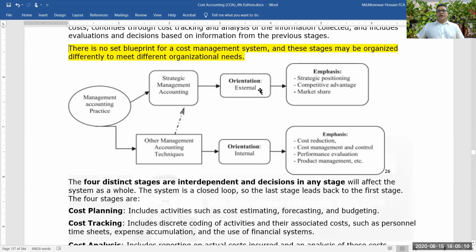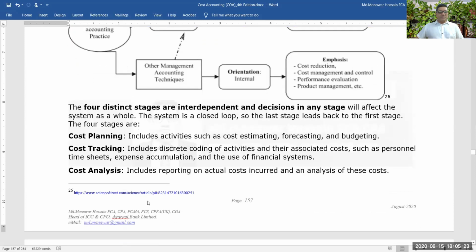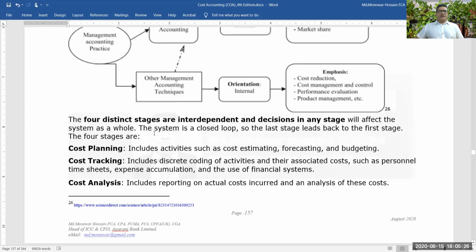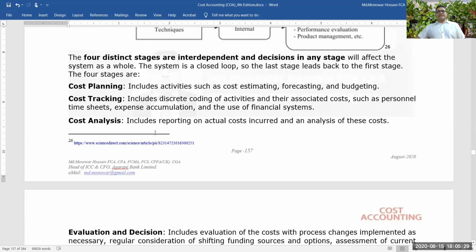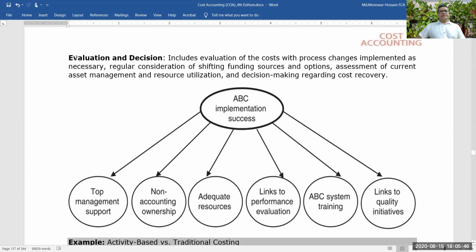Externally it impacts strategic positioning, competitive advantage, and market share, and internally cost reduction, cost management, cost control, performance evaluation, product management, etc. We have taken this from this website. And there are four distinct stages of interacting with the design of any stage of ABC costing: cost planning, cost tracking, cost analysis, and the evaluation and decision of activity-based costing.